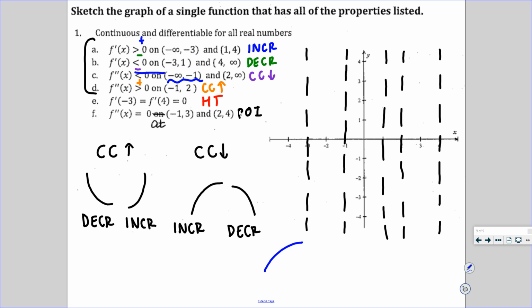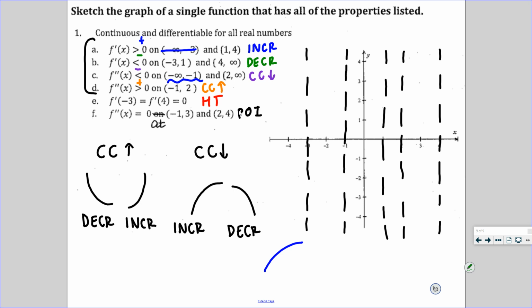Okay, so I thought this was supposed to erase it, but it never works. So I took care of that interval. All right, now it switches to decreasing from negative 3 to 1. But remember, it's only concave down until we get to negative 1.